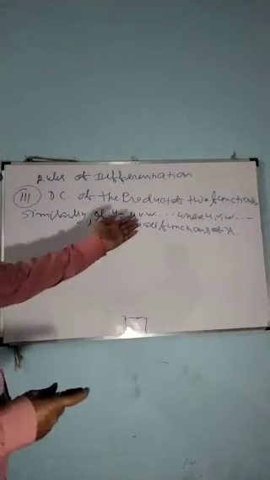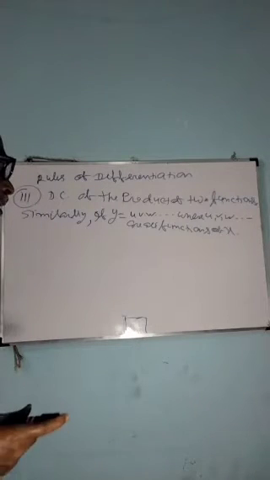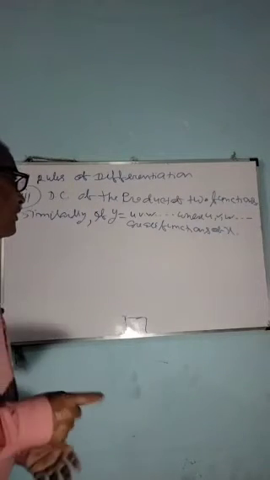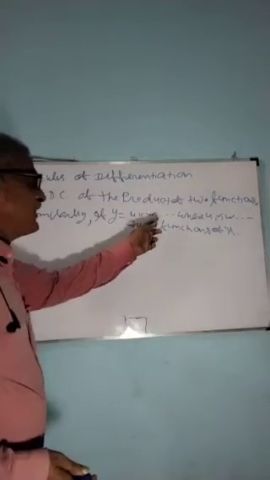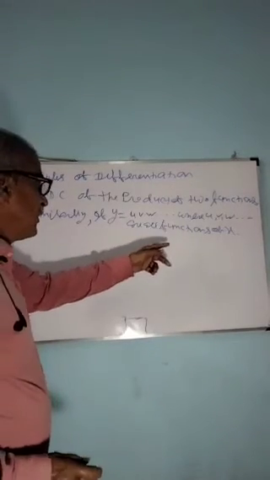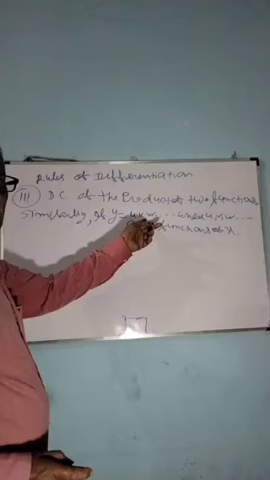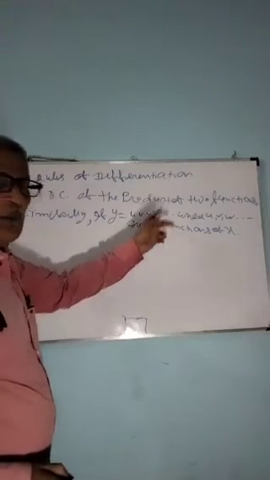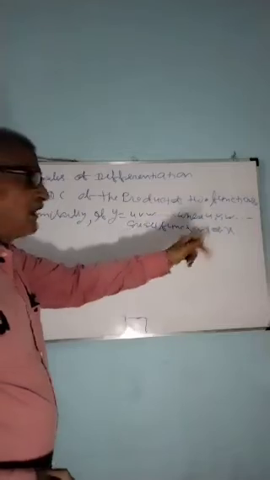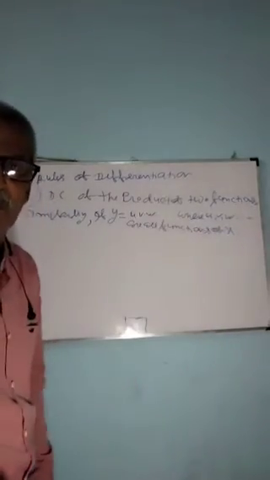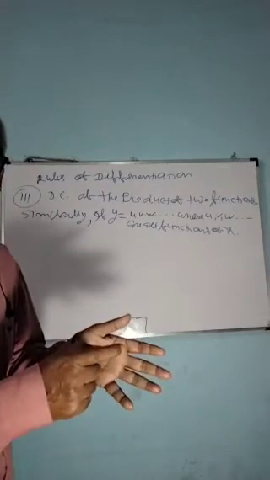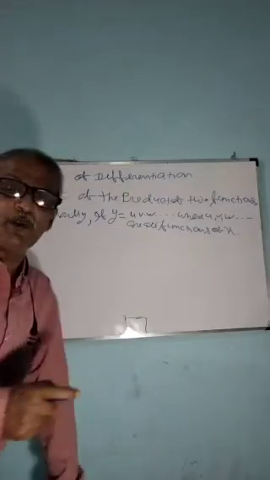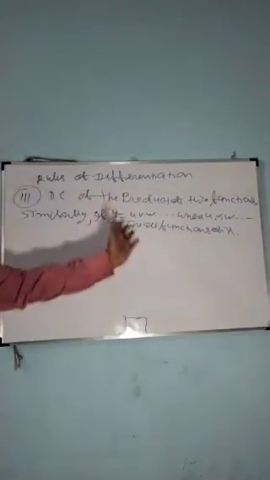How we obtain the DC of the product of more than two functions? Here we obtain DC of one function and multiply it by rest, plus DC of second function and multiply rest functions by it, plus DC of third function and multiply the rest functions by it. In this way, we obtain the DC and add them, and we obtain the DC of the product of more than two functions.